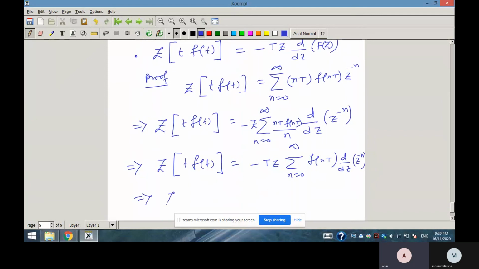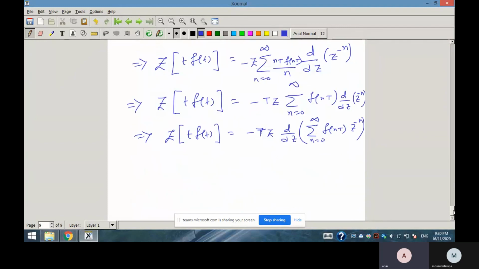This means your Z transform of T f(T) equals minus Tz into dtz of, you can take dtz outside because f(nT) is constant, summation of n equal to 0 to infinity f(nT) into z to the power minus n. So this can be written like this: Z of T f(T) is equal to minus Tz dtz of, this is what? This is your F(z).